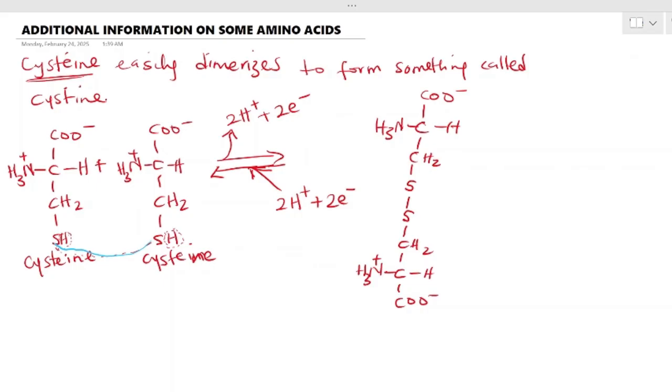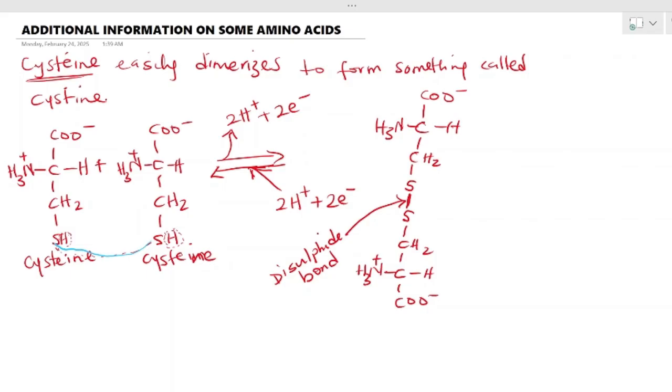So you see this bond right here. This is actually where your dimerization has taken place, and this bond here is referred to as your disulfide bond.